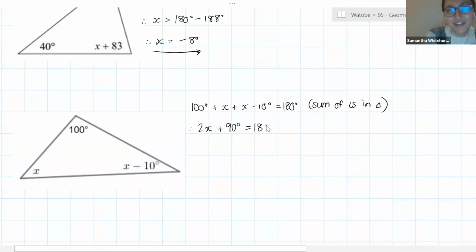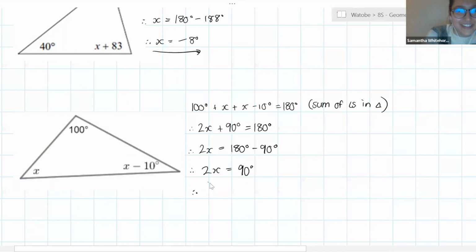Good. And then I said 2x equals 180 minus 90. Excellent. Then I divided, 2x equals 90 degrees, and then I divided with 2.